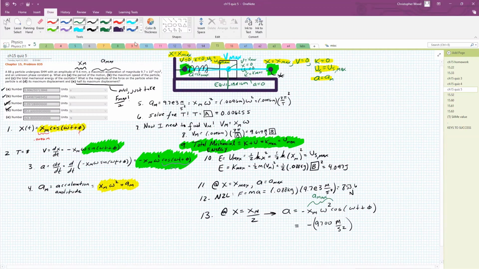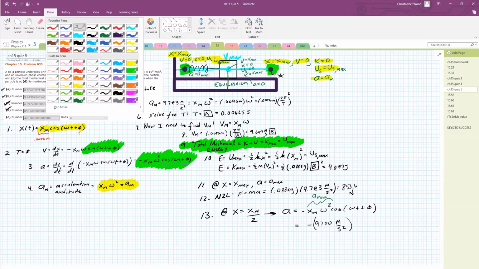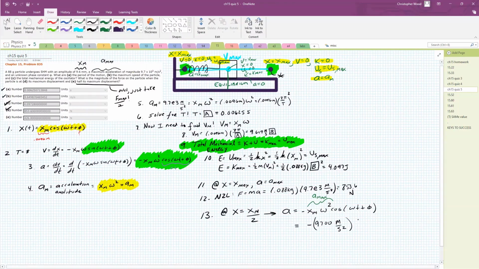Cosine of omega t plus phi, and then number 13, number 14. At X equals XM over 2, cosine of omega t plus phi equals 1/2.